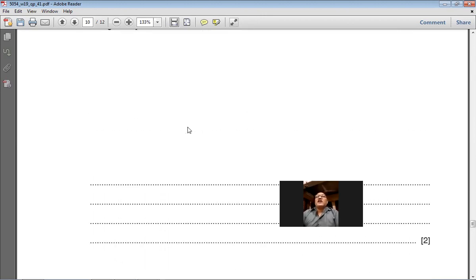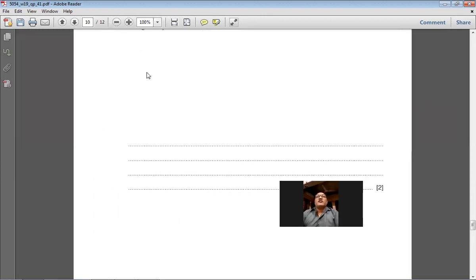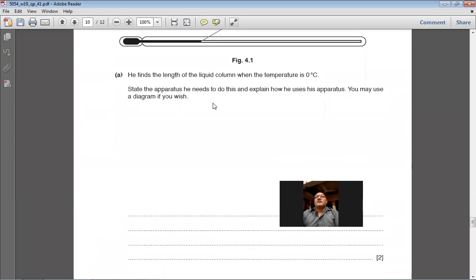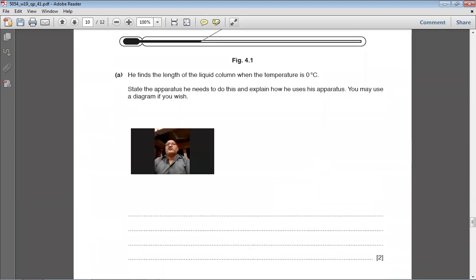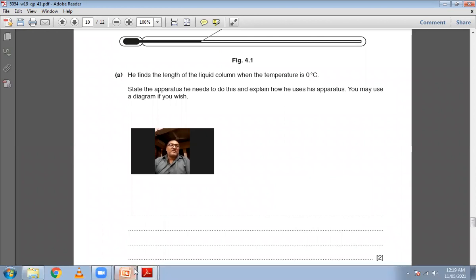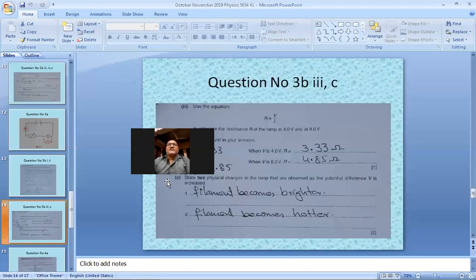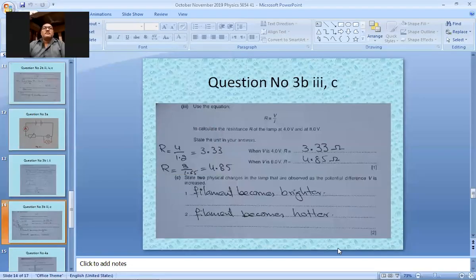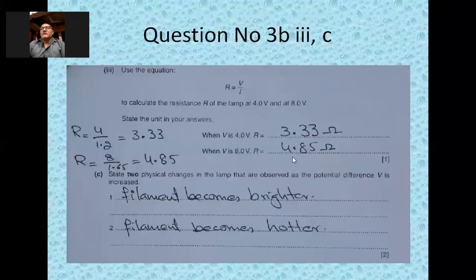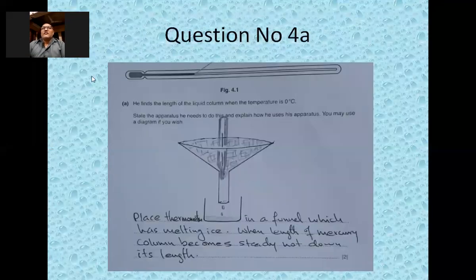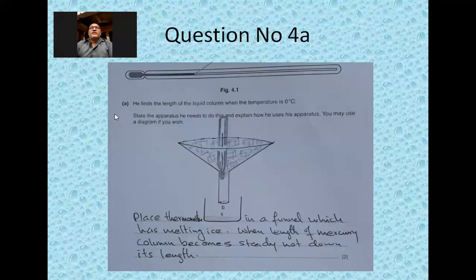Okay, so let me show you this question. This question is of 2 marks. So let me show you my answer. Here you can see we have shown a funnel, and inside that funnel I have shown ice cubes, and that ice is melting.